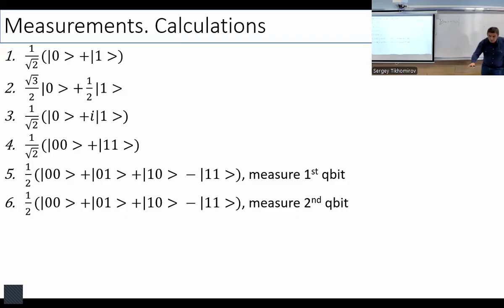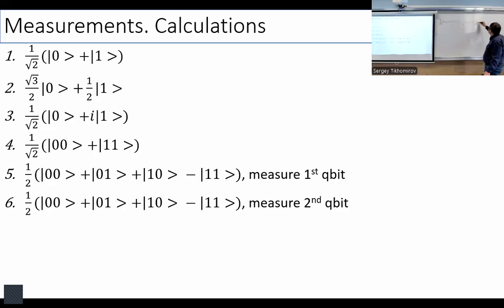So assume that I measure the first qubit. I first need to represent the state in a special form: 0 times something plus 1 times something. Here it is already in this form.